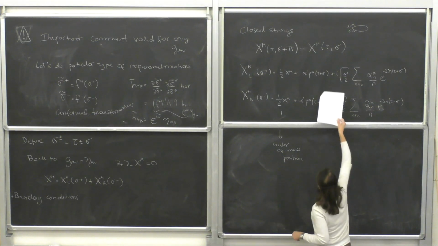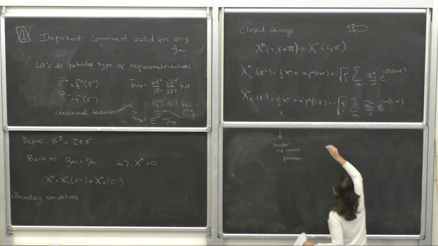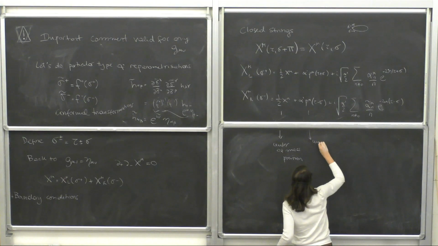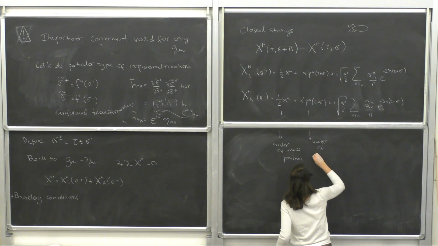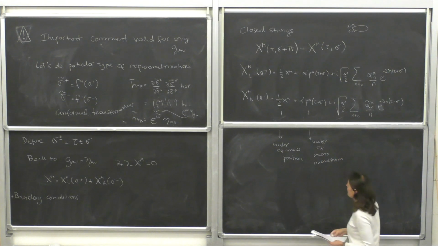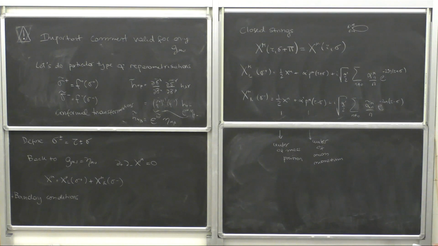If you add these two, then what you get is alpha prime p mu tau. So this small p mu is the center of mass momentum. So it's at the center of mass position, it's moving, and then it's oscillating.